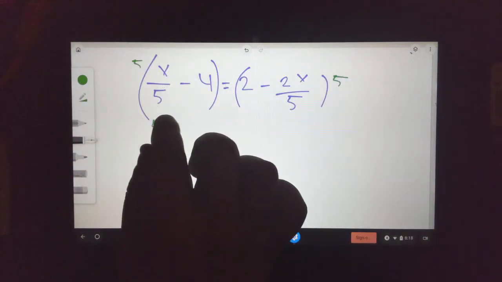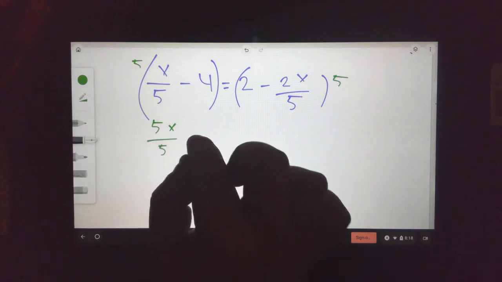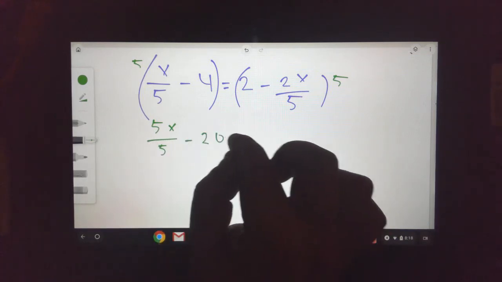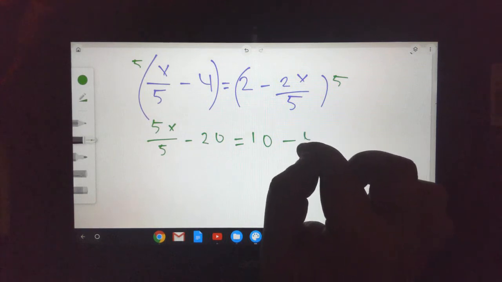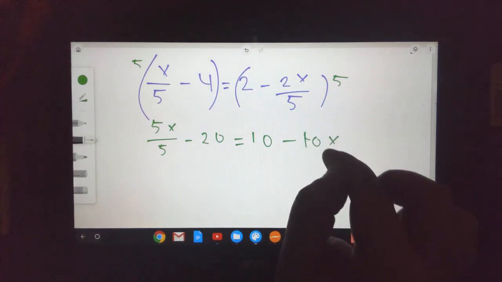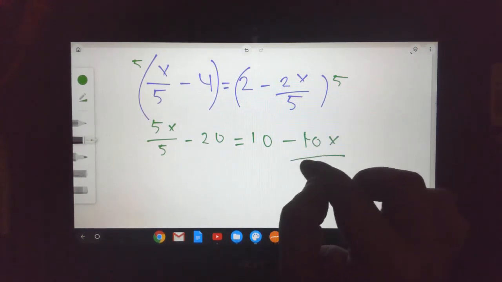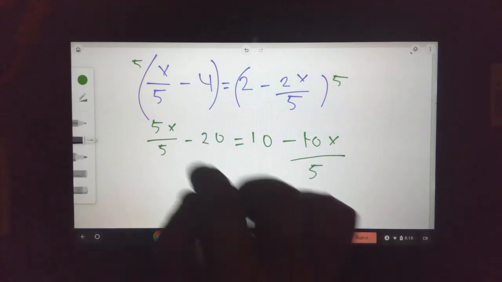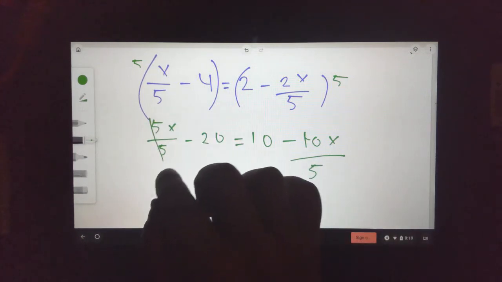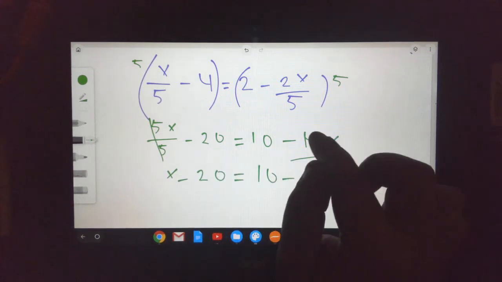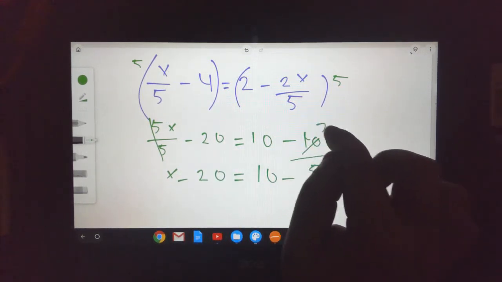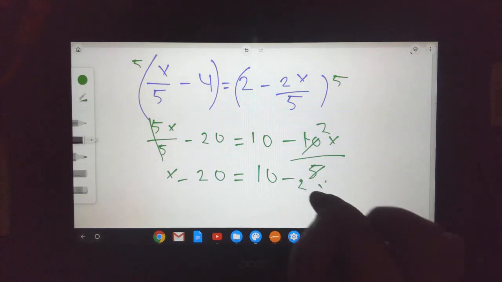I'm going to end up with 5x over 5 minus 20 equals 10 minus 10x over 5. Cancel. x minus 20 equals 10 minus, simplify, only 2 left, 2x.